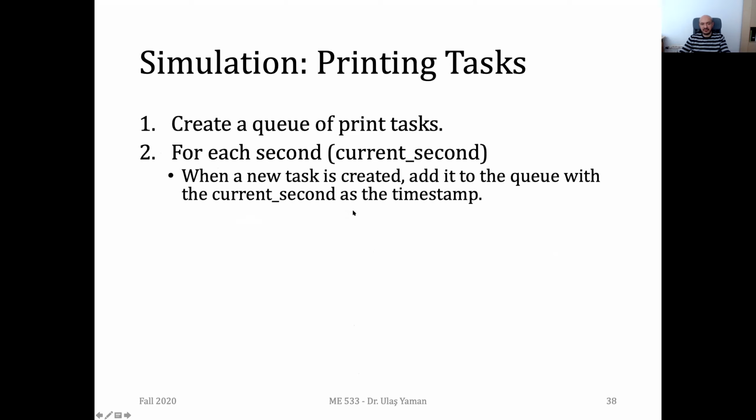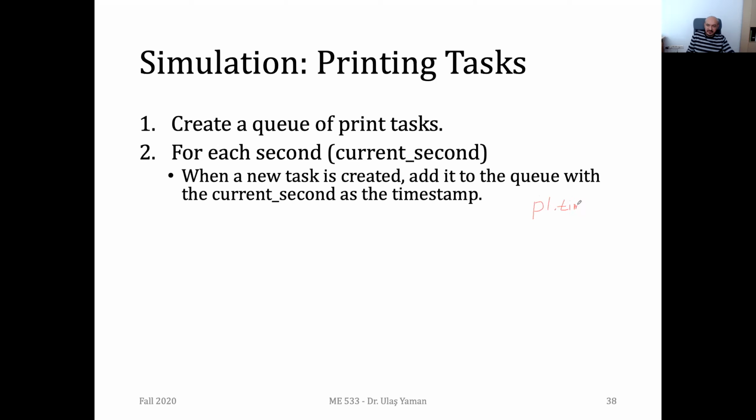What are they? The first one is when you have a new task, what you do is simply add it to the queue. And you need to have a property of current seconds. Let's say you have a print task P and its time step.